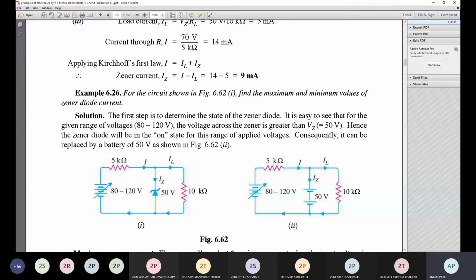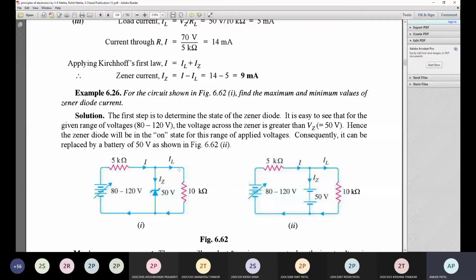So here the circuit diagram for the Zener diode is given. In that we need to find the maximum and minimum values of Zener diode current. Okay, so for the maximum, what will we do?